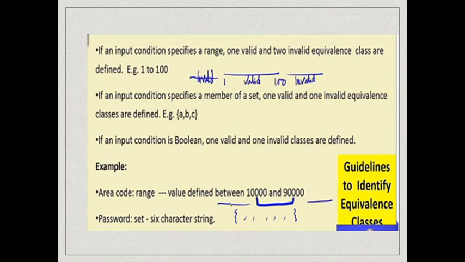A string containing 6 characters, we consider it as a set of values. So all those strings which contain 6 characters are the set of values. So we have one valid password, which is any of the members of this set. An input password which is not part of this may contain 5 characters or something, or maybe special characters.